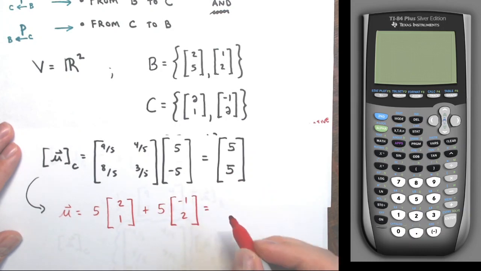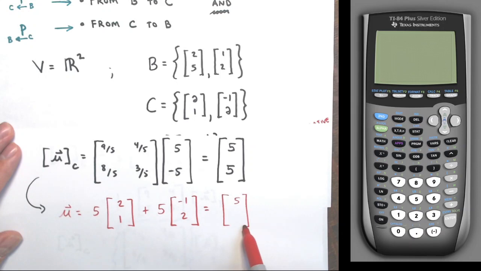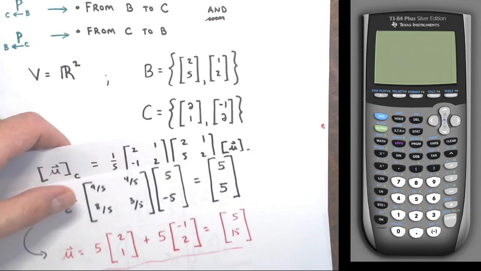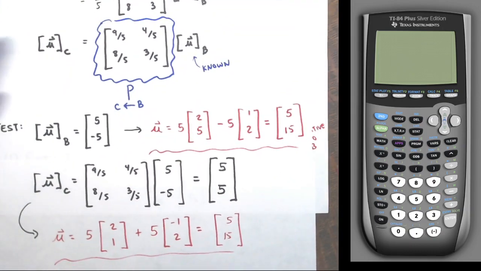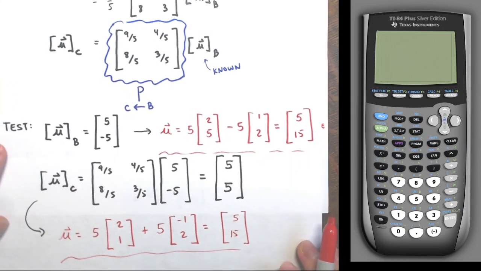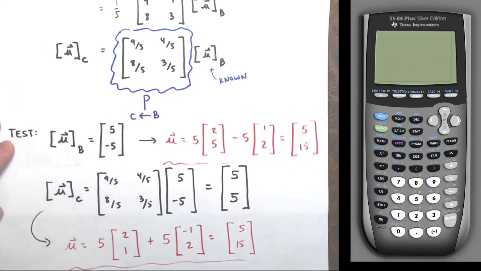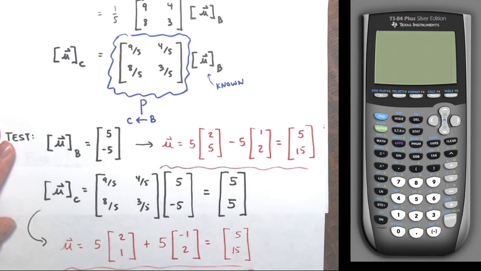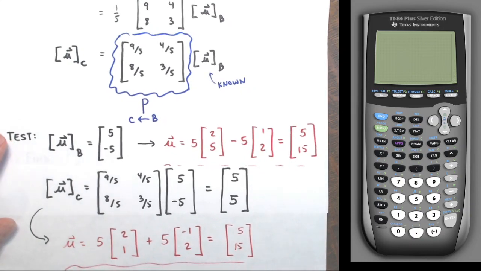So this gives me 10 plus negative 5, that's 5, and then 5 plus 10 is 15, and it's the same u I got earlier. Same exact u, 5, 15. And you should, right? If you have the coordinates of u in B, u is not changing. It's just the coordinates that are changing because we're changing bases.